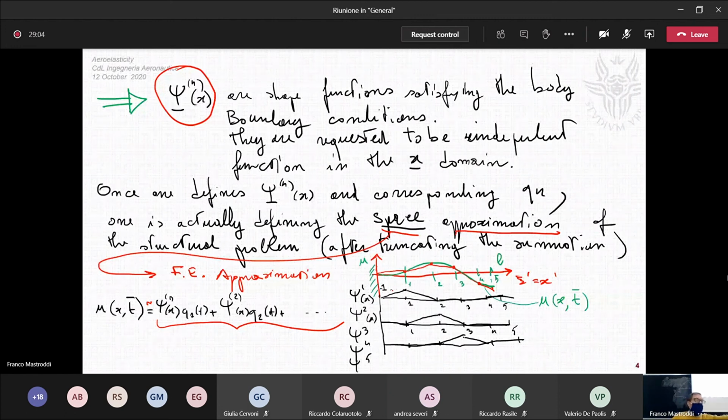This approximation depends on the structure of the function I have decided to use for connecting the value 1 with the value 0. Okay, another point. Can you interpret the meaning of q1(t), q2(t) as functions of time?